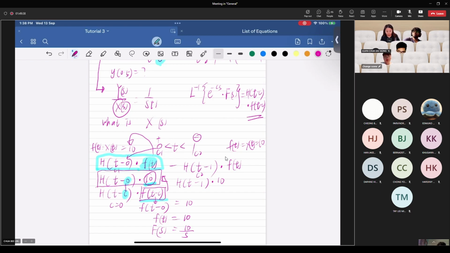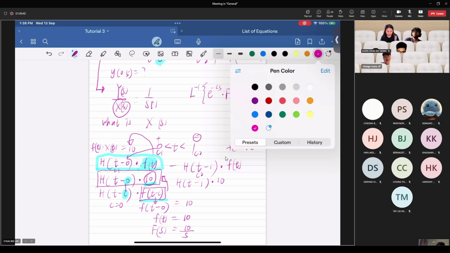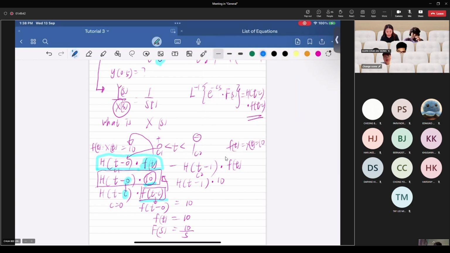So this pattern will give you the answer of e to the negative cs times F(s). So in this case, you will get e to the negative 0s times 10 over s. So, revision. Then you repeat the same for the second part.